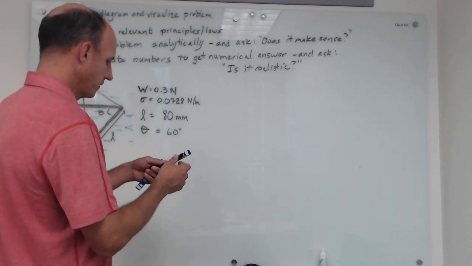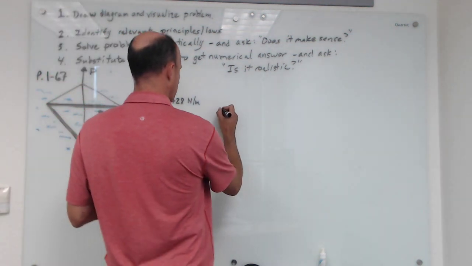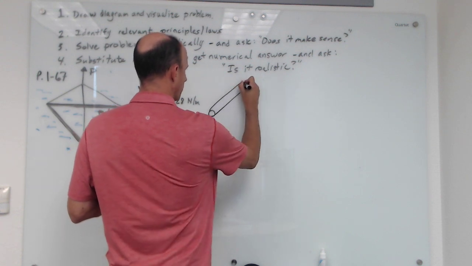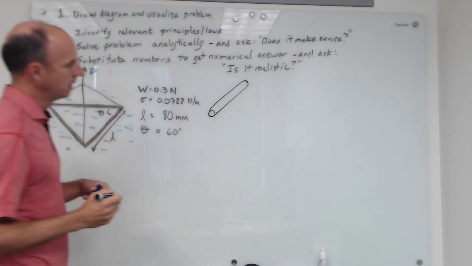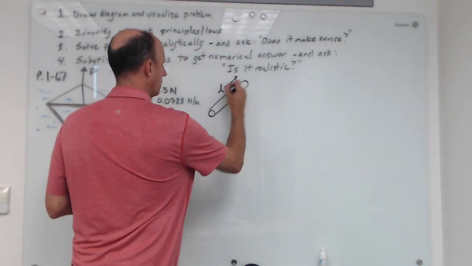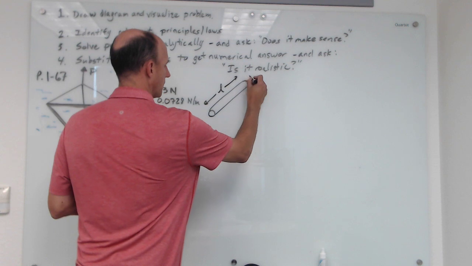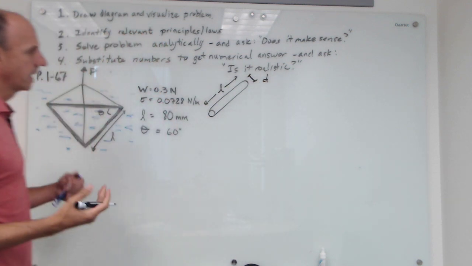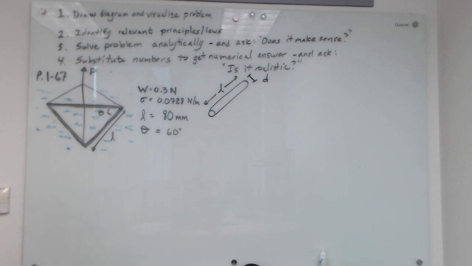So we're going to draw an example of one of the rods. This could be one side here. That's a rod. I've given it a length L. It might have some diameter D. That's an example of the rod that makes up each of the three sides.